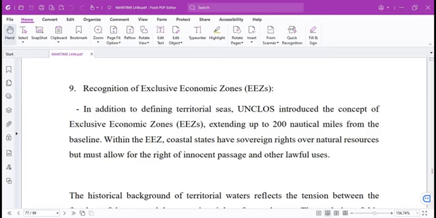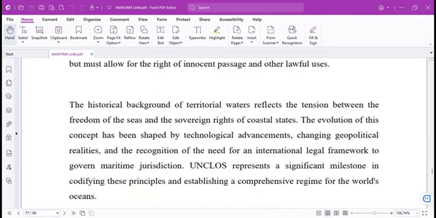The historical background of territorial waters reflects the tension between the freedom of the sea and the sovereign rights of coastal states. The evolution of this concept has been shaped by technological advancement, changing geopolitical reality, and the recognition of the need for an international legal framework to govern maritime jurisdiction.